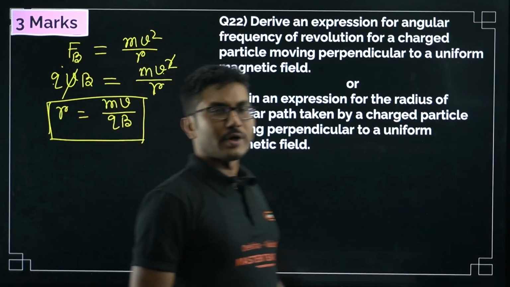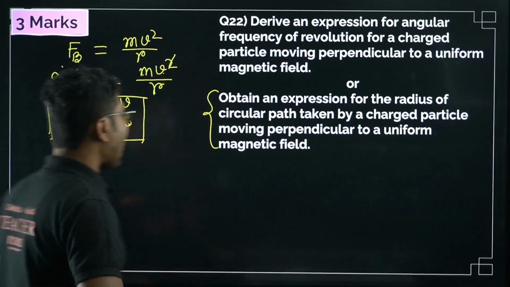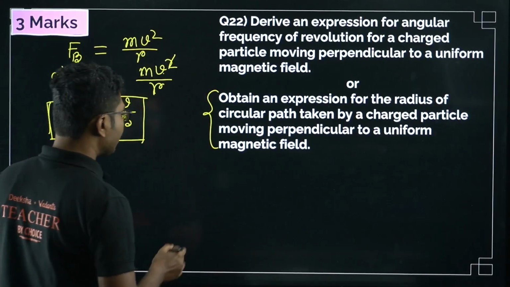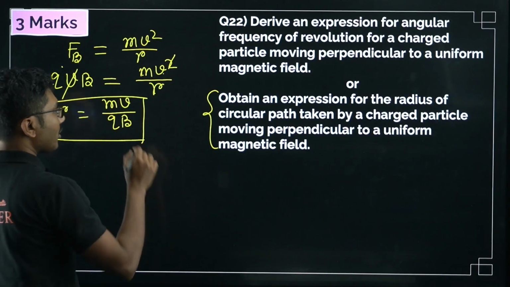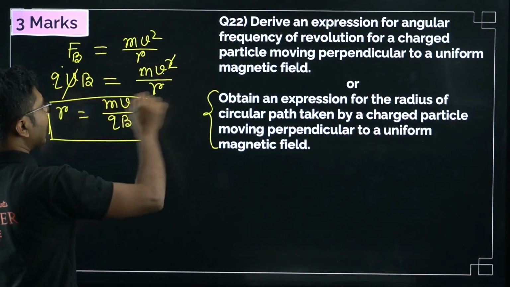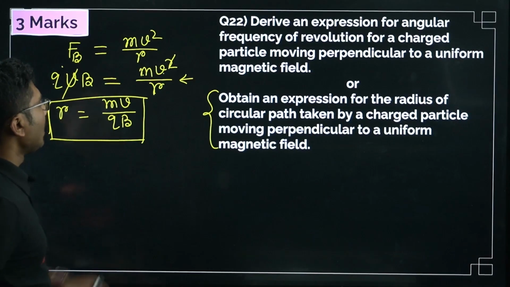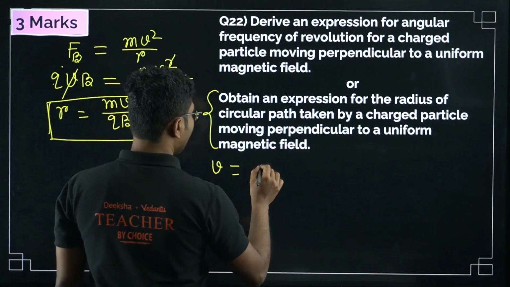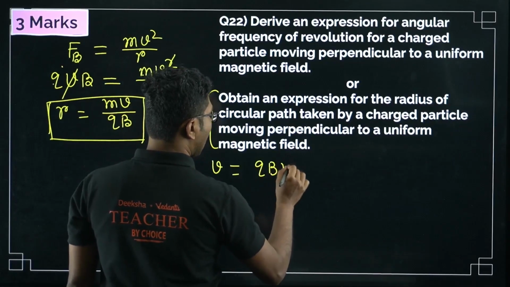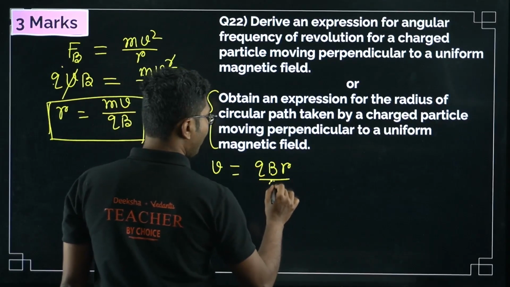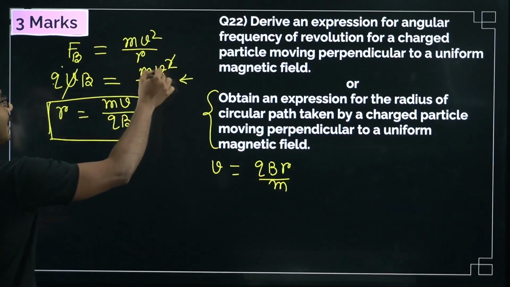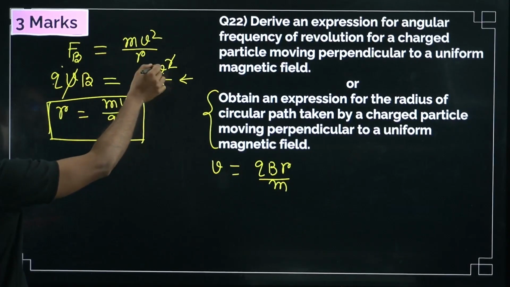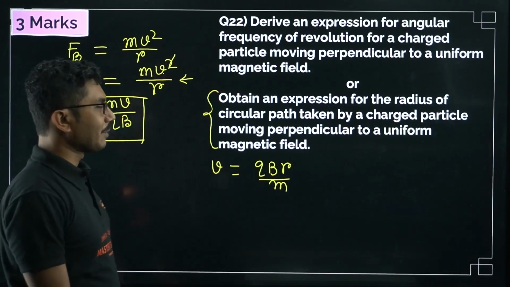Now this is not over. If they ask you to find the angular velocity or angular frequency, that is omega, how to do that? For that you have to find v. Up to this much is common. Now what is v? v equals qBr divided by m. We are trying to find this v. So qB, this r goes up, divided by m.